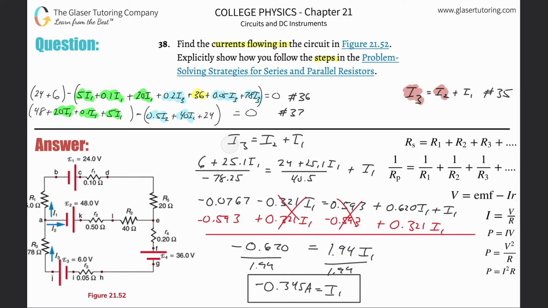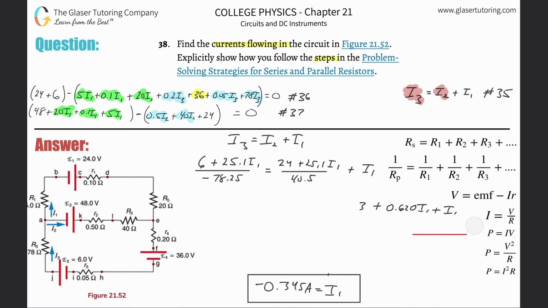Now, okay, so now we're good here. So we got I1. Now what we can do is, actually, let me just erase this part. Okay, so we got I1. All right. So I'll write it on the top right. So I1 was equal to negative 0.345 amps, according to the direction of the current we stated.